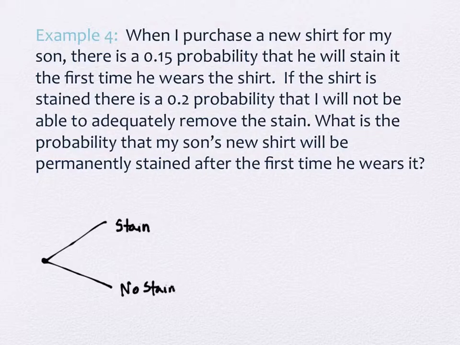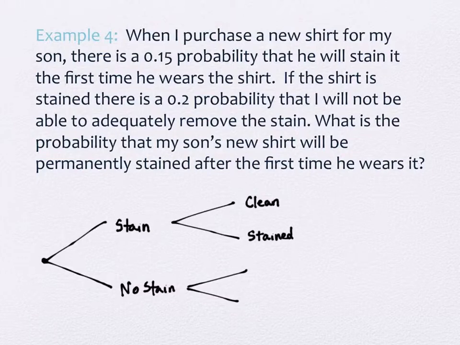Now, you could say that there are 2 branches off of each of these, and the question is whether or not it comes out clean or it's stained, right, after the wash. It's a little awkward to write it this way down here, although you certainly still could, because if it wasn't stained to begin with, then after the wash, it's not going to be stained again, right?